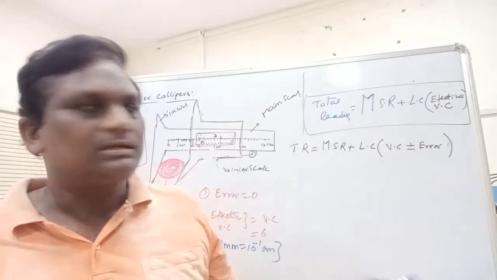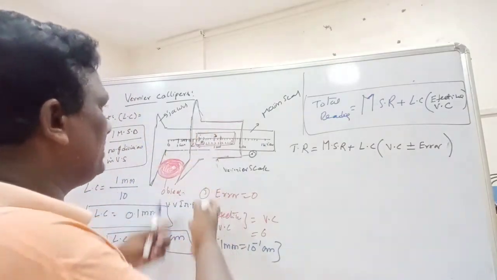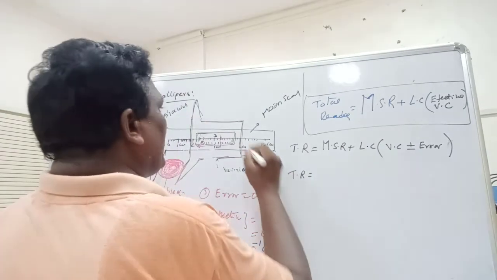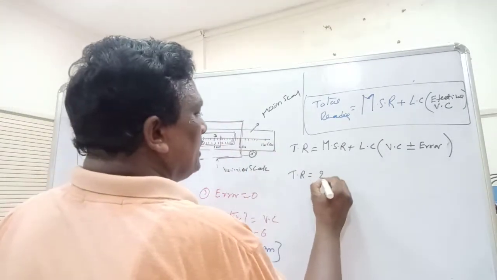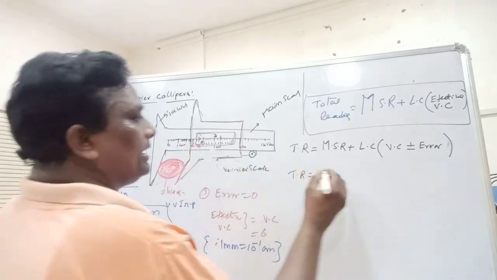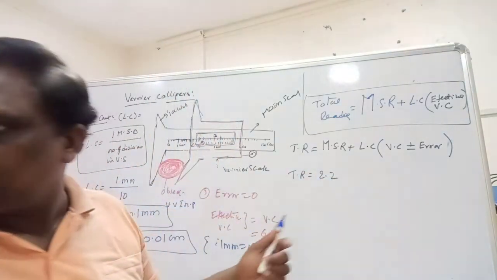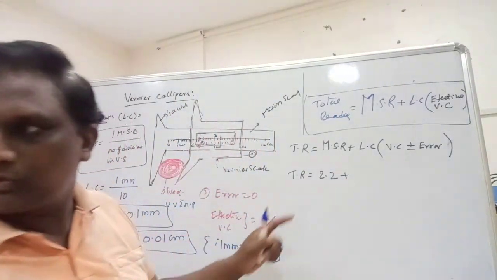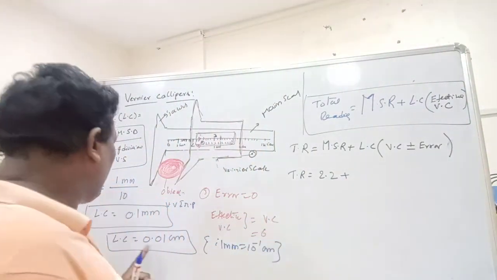Any doubt regarding this? So for example, in our problem, what is the total reading? Total reading is equal to, what is MSR? I told you that is 2.2. Is it correct or not? 2.2 in centimeters. 2.2 plus, it is in centimeters only. Plus, what is the least count?